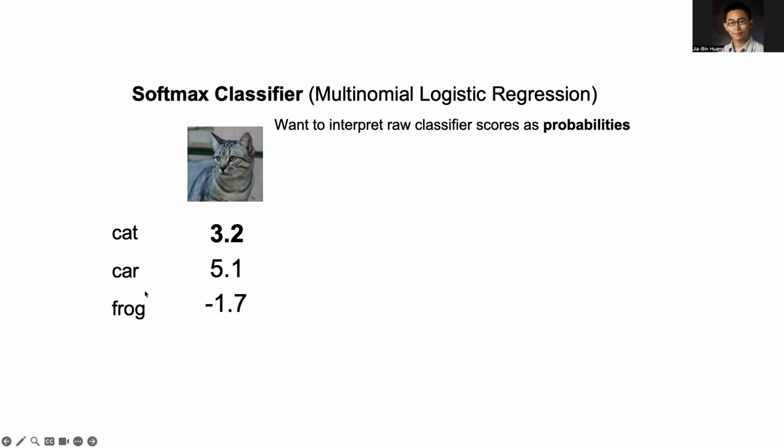Based on the scores, I want to see what is the probability of predicting that this image is a cat, and the probability of the other one being a car or a frog. Okay. So how do I make this a probability distribution over the classes?